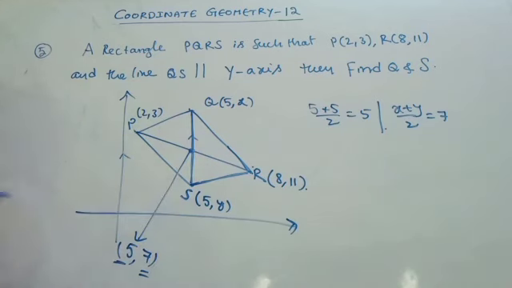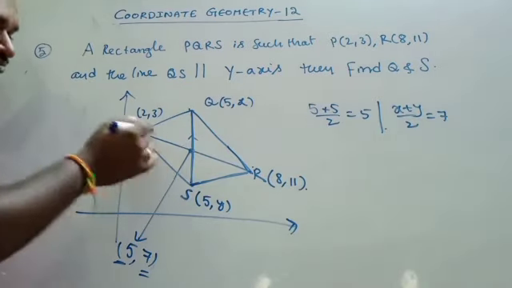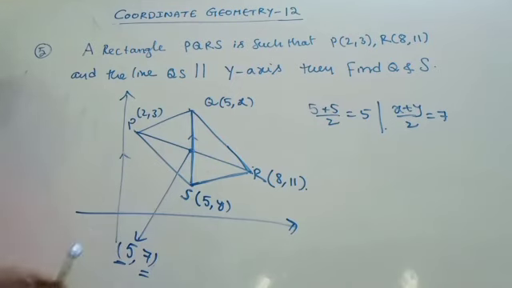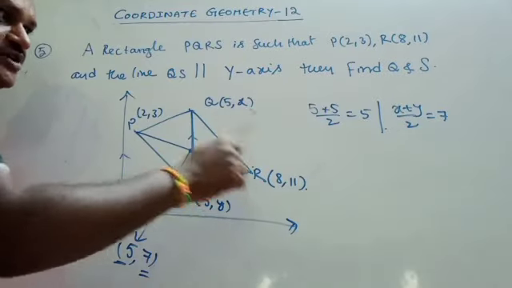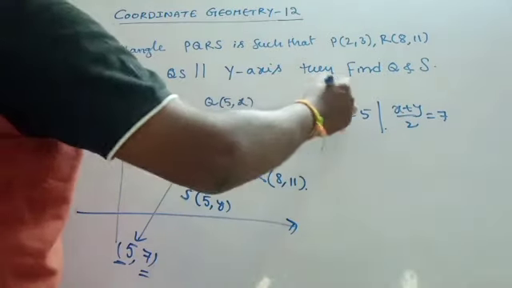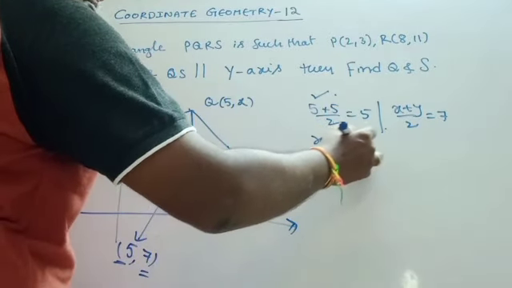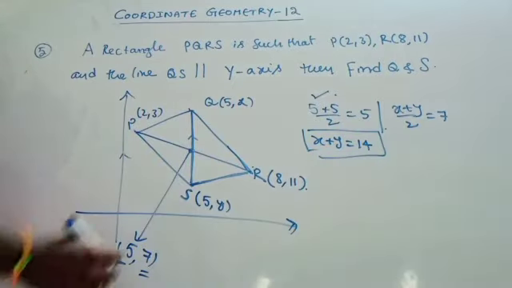The midpoint of this diagonal is equal to the midpoint of the other diagonal. The midpoint of one diagonal we got as (5, 7), and the midpoint of this diagonal is also (5, 7). That's why (5 plus 5) by 2 is 5 and (x plus y) by 2 is 7. And this is absolutely correct. 10 by 2 is 5, and (x plus y) by 2 gives x plus y is equal to 14. You have here x plus y is equal to 14.